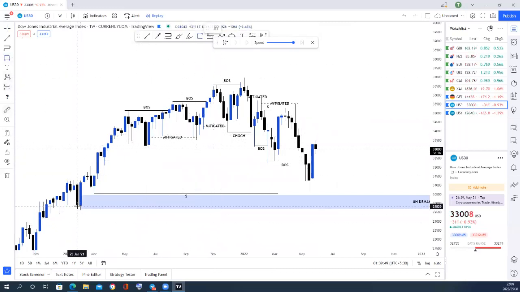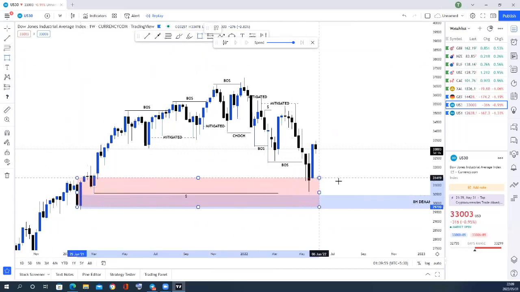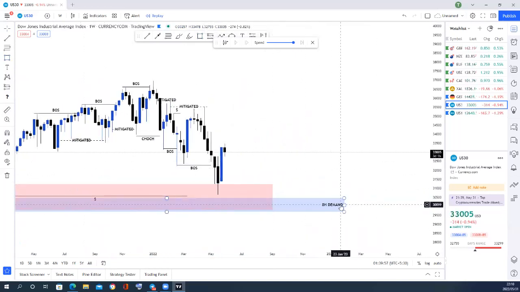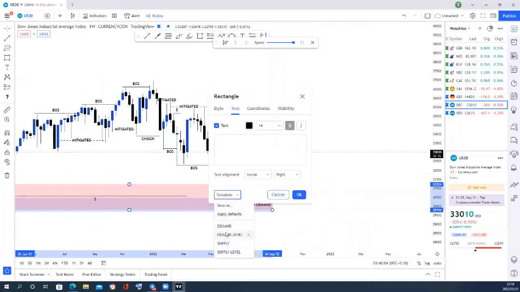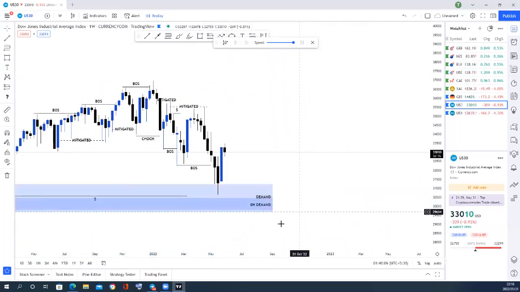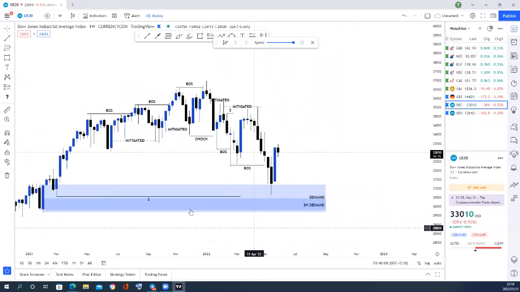Highlight this OB here. Let's highlight this monthly OB actually. I don't know why I identified that 8-hour order block, but yeah. So we have that thing here. We have this demand level here. We have that demand level there.